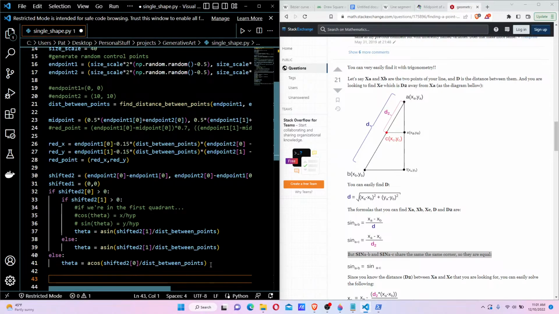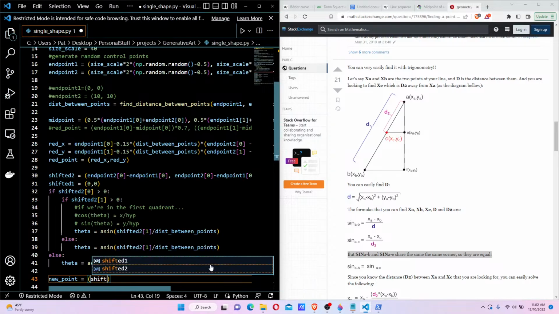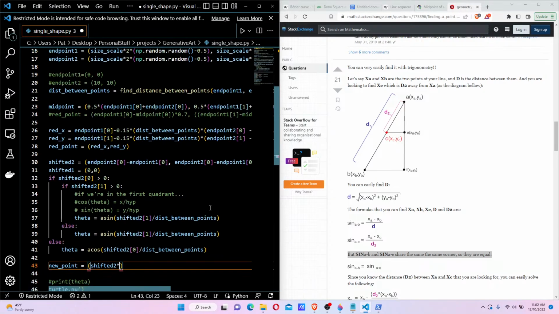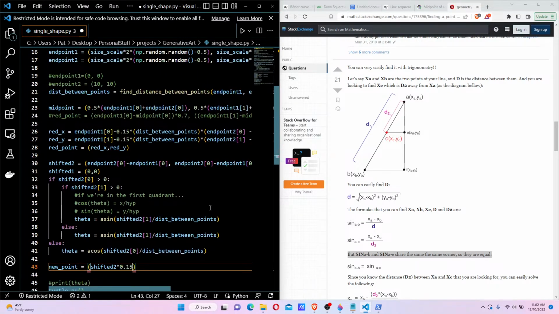Okay, now so shifted to, new point is equal to, okay, and the first term is shifted to endpoint 2 shifted times 0.15.